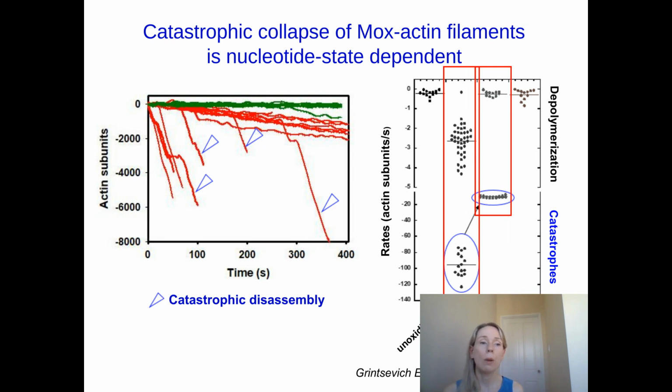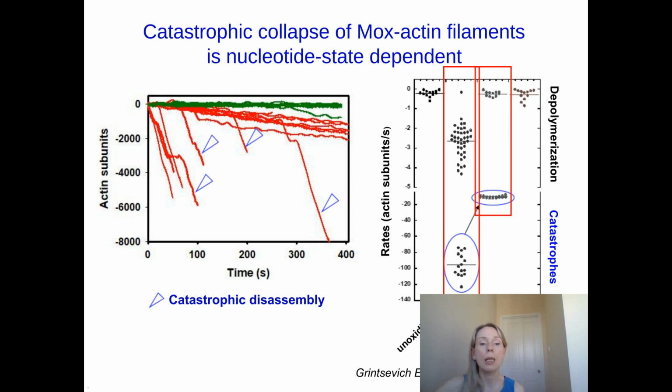Now, we know that Mical is involved in cellular processes when the actin cytoskeleton needs to be disassembled or collapsed fairly fast. So how exactly does it work?